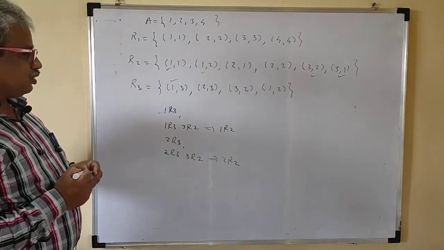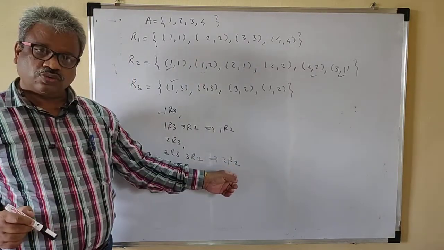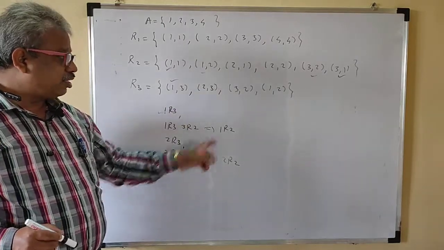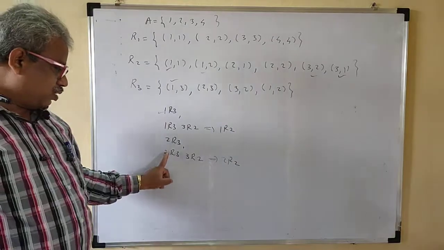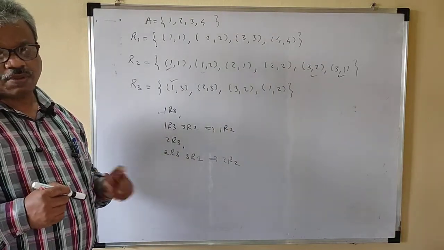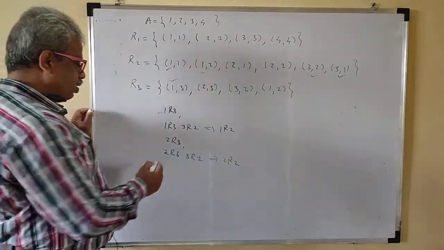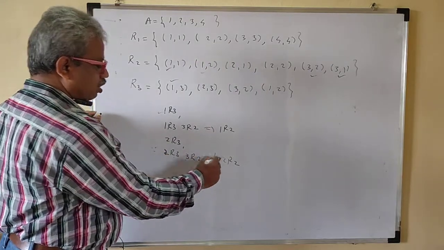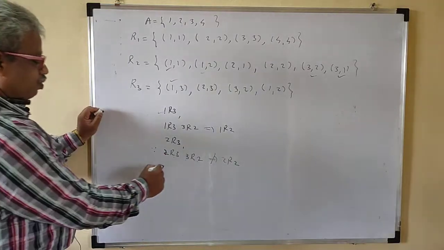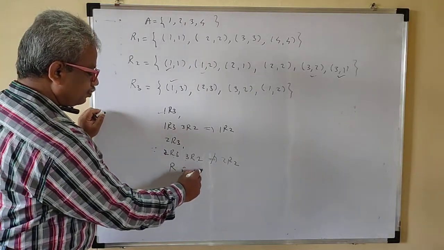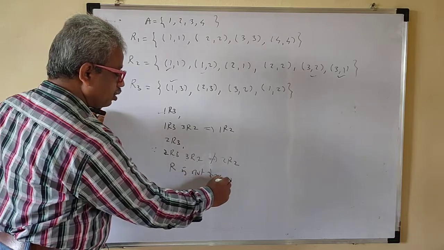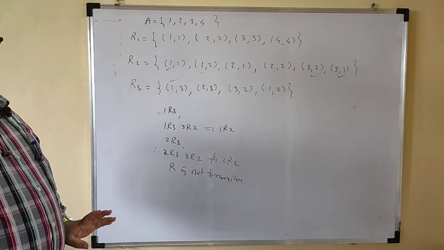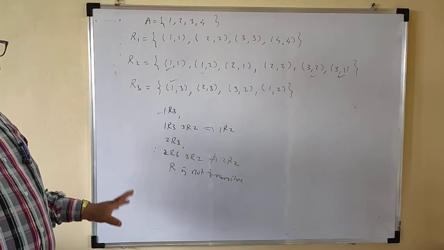Now check whether 2 is related to 2. 2 related to 3, yes, and 3 related to 2, yes, but 2 related to 2 is not there. So since 2 related to 3 and 3 related to 2 does not imply 2 related to 2, therefore R is not transitive. In this way you can check whether your relation is transitive or not.